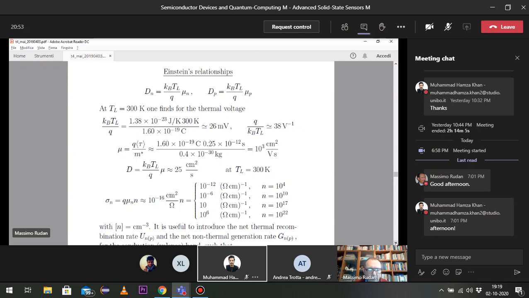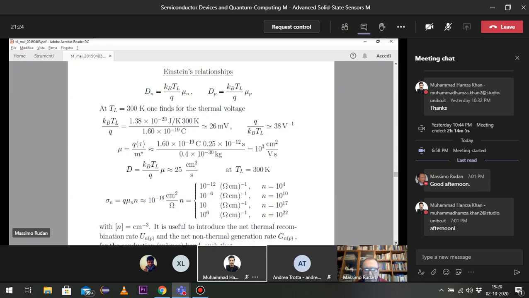So the product gives you something like 10 to the minus 16th square centimeters over ohm, okay? And this must be multiplied by the concentration of the electrons. So if you take the 4 lines that you see here near the brace, then assume that in the first line we are considering an insulator.